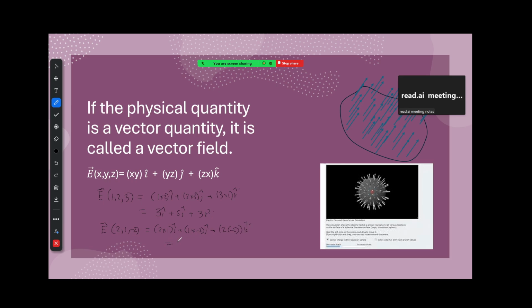So your answer will turn out to be 2i cap minus 2j cap minus 4k cap. Did you understand? The value of E depends on that, and it is a vector because it is given in terms of i, j, k. I suppose I made myself very clear.